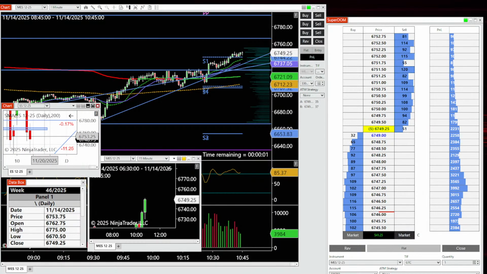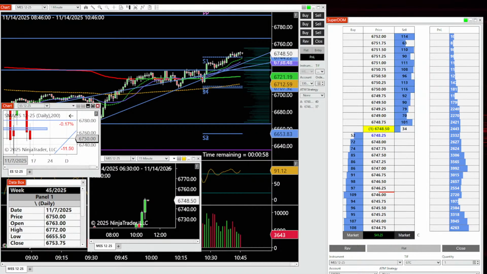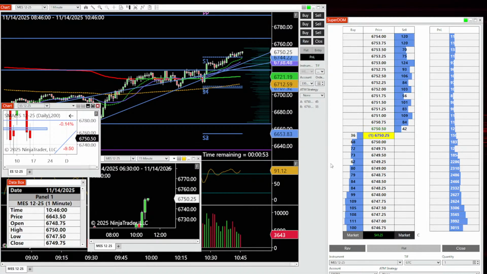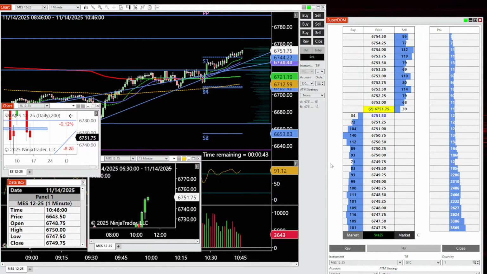Next stop is, well, let me see, this close is 53. 53 and then 60. Don't like these breakouts. I don't. I'm not even going to take it whether they go or not. I'm not taking it.